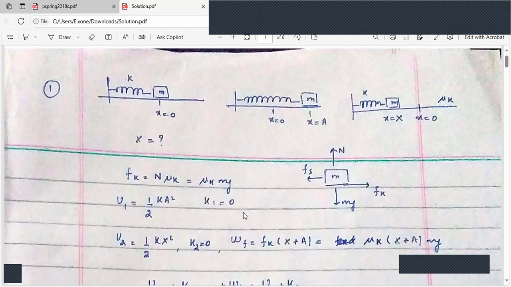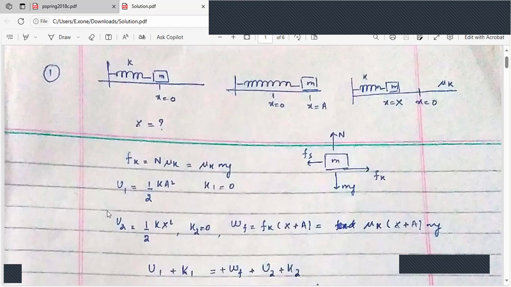On the other hand, the potential energy at the far left of the equilibrium position should be 1 over 2 k x square, and we have to find that value of displacement. Again, the kinetic energy at that point should be zero because the block stops when it reaches the farthest point to the left of the equilibrium position.